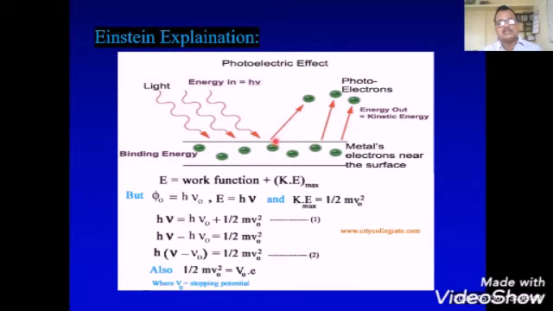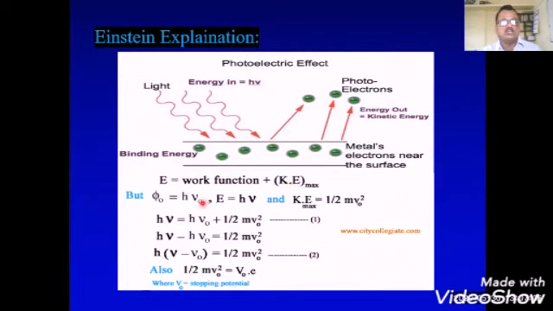In this process the energy spent is equal to phi, which is called the photoelectric work function, and the rest of the energy is imparted as kinetic energy. So Einstein equated E, the energy of the photon, to the work function plus the kinetic energy of the photoelectron.